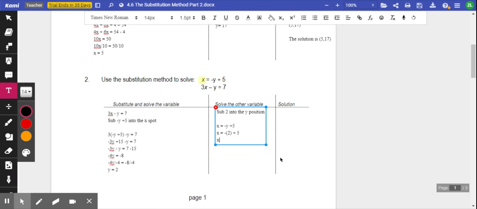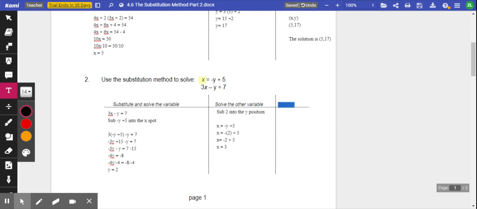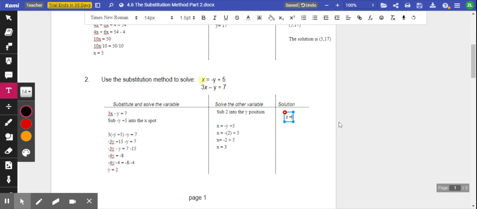And we know negative 1 times 2 being negative 2 plus 5. x is then going to be equal to 3. So we have both now. Just fill it in. So x being equal to 3 and y being equal to 2. Therefore, I want to put it in this format, and it would look like so. The solution, as we know, or the coordinates, is 3 and 2.